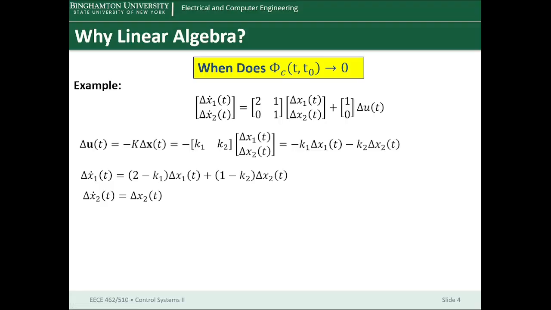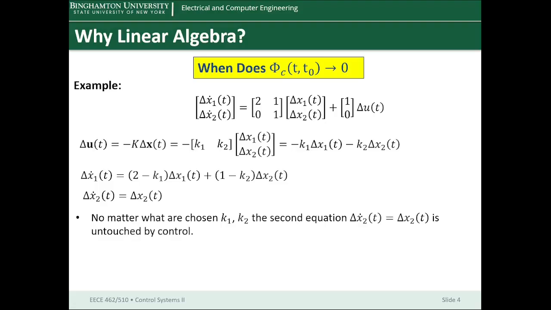However, the dynamics of the second state are completely independent of K. This means that no matter how we choose K1 and K2, the second equation remains untouched by control. The second state always grows and the control input cannot influence it.